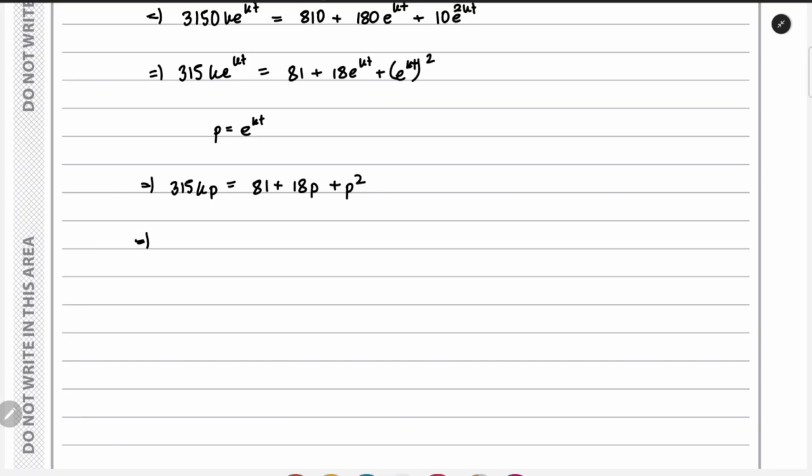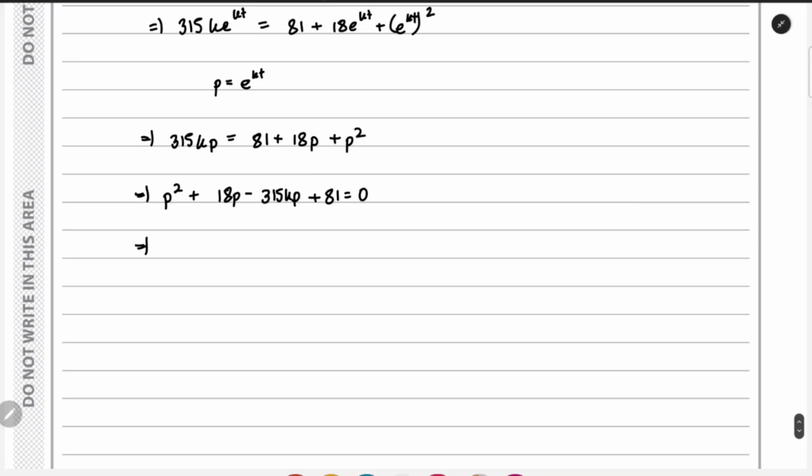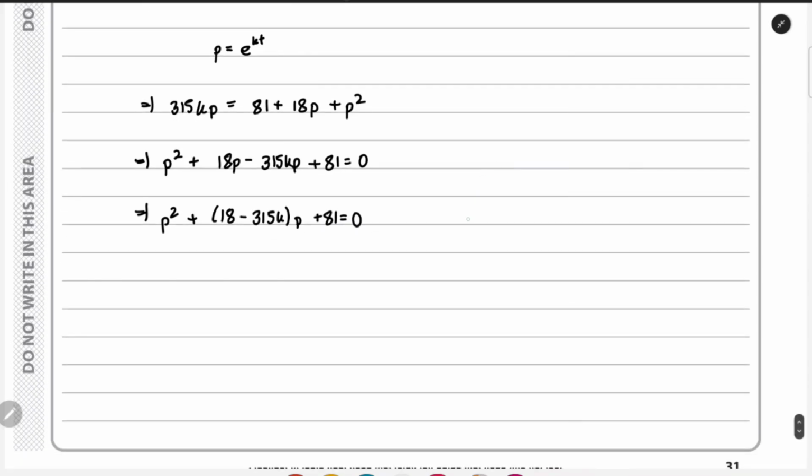We can consider this as a quadratic. I'll be left with p square plus 18p minus 315kp, so I'll just move it to the right, plus 81 equal to 0. I can take p common over here, write it down as p square plus 18 minus 315k times p plus 81 equals 0. Now I can use the quadratic formula. So p will be equal to minus b plus or minus root over b square minus 4ac by twice a.